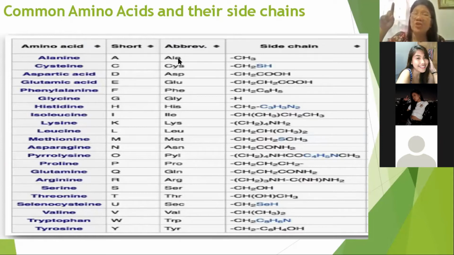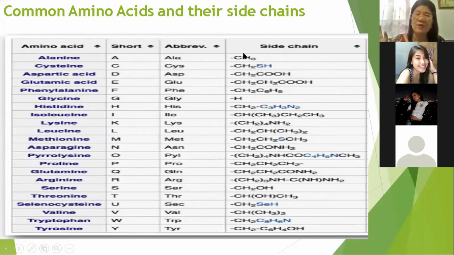Then the abbreviation is three letters. So, alanine comes from the word ala. Okay, that's the abbreviation, and its letter abbreviation is A. Then the cysteine, ang first letter. The cysteine is C. Then the abbreviation is CYS.